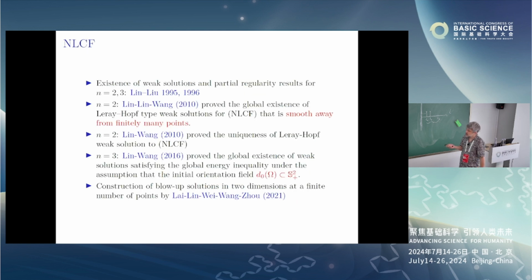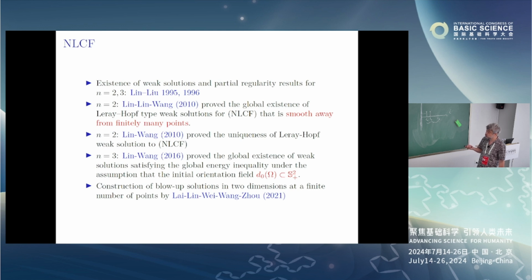So as far as the liquid crystal flow is concerned, there is the partial regularity, because of course you have a partial regularity that I was mentioning for the heat flow of harmonic maps, but you also have a partial regularity you can develop for Navier-Stokes, the so-called Caffarelli-Kohn-Nirenberg.